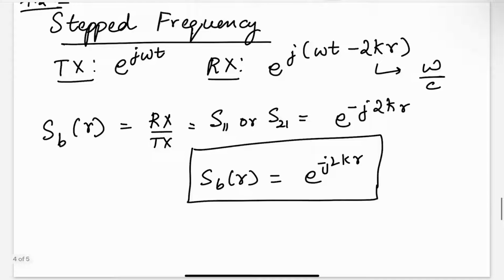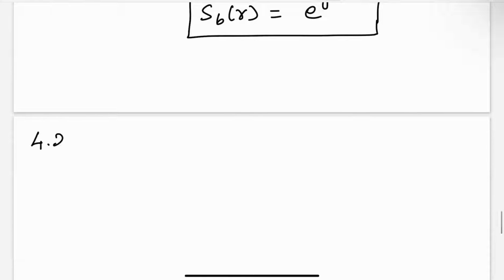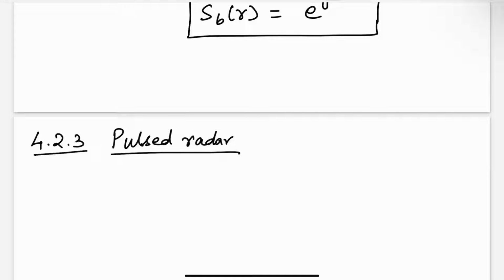And the last kind, which is pulsed radars, 4.2.3, pulsed. So we again developed this in the previous video. So we said that the TX signal is some pulse, p(t). I don't know what it is.